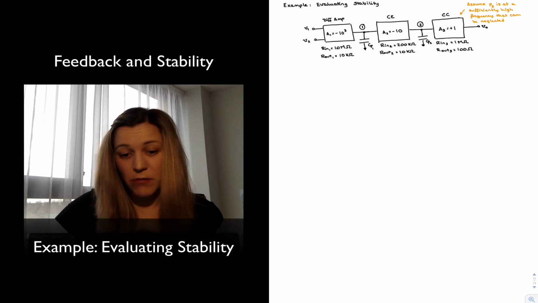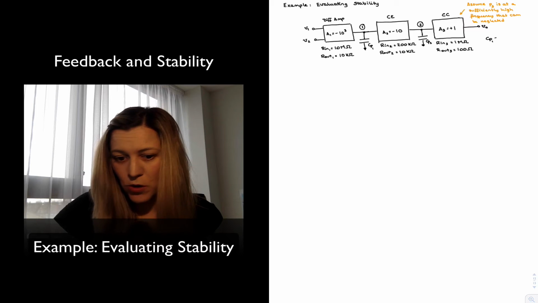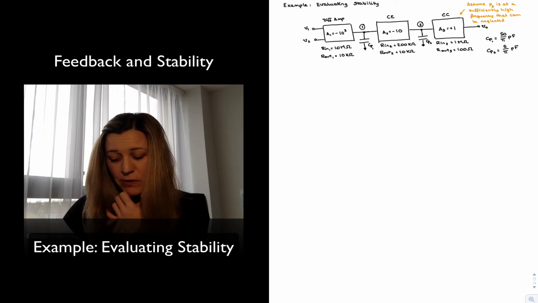So reasonable values for my capacitances at nodes 1 and 2, CP1 and CP2, could be, for example, 50 over pi picofarads for CP1 and maybe 5 over pi picofarads for CP2.